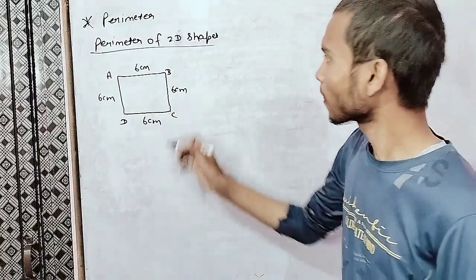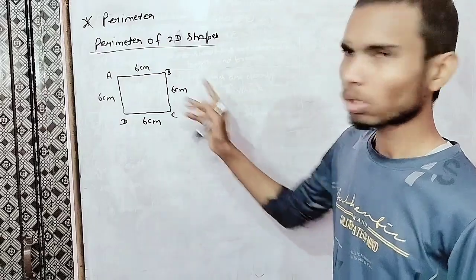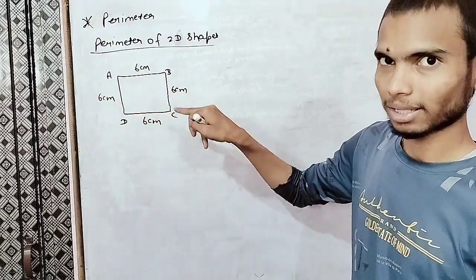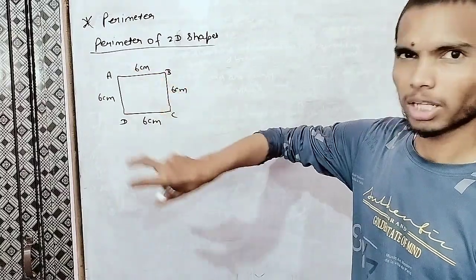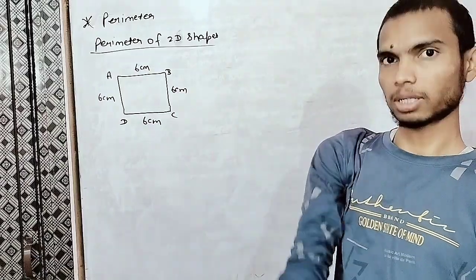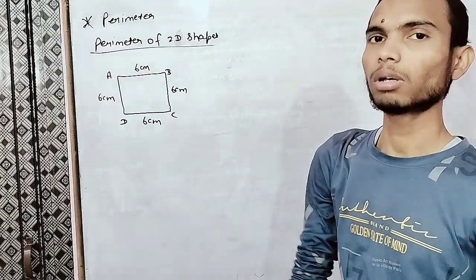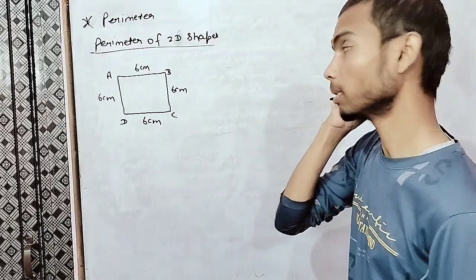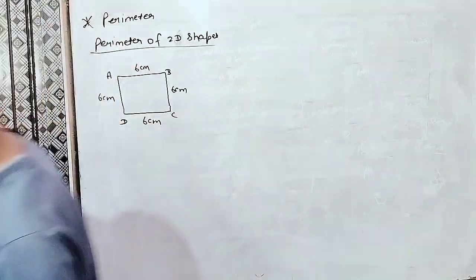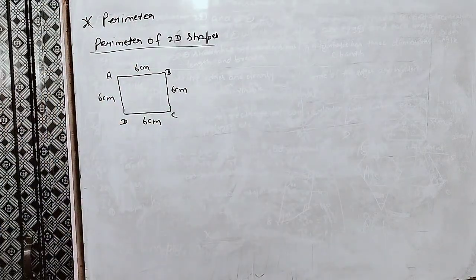I told you total length, and one point more: the total length of the boundary of a shape is a perimeter. Now, can you tell me what is the total length of the boundary of this 2D shape? How much is there?